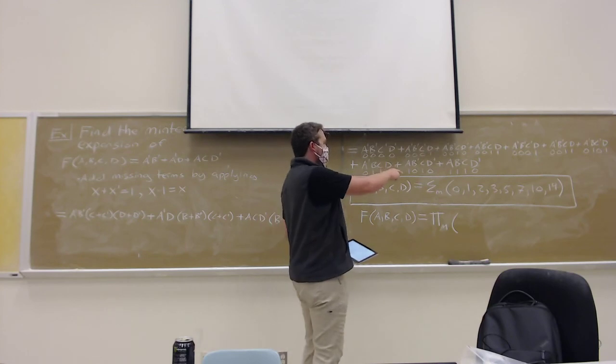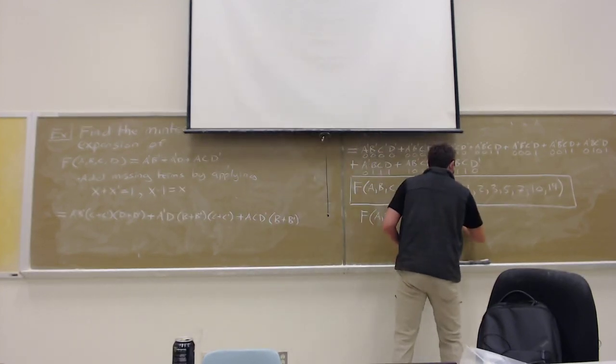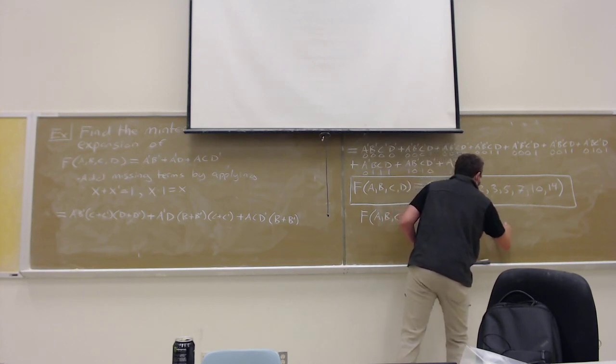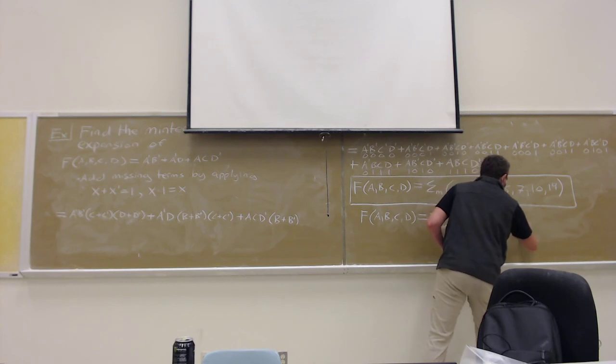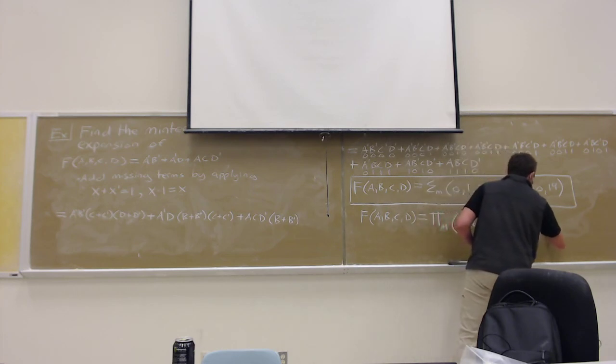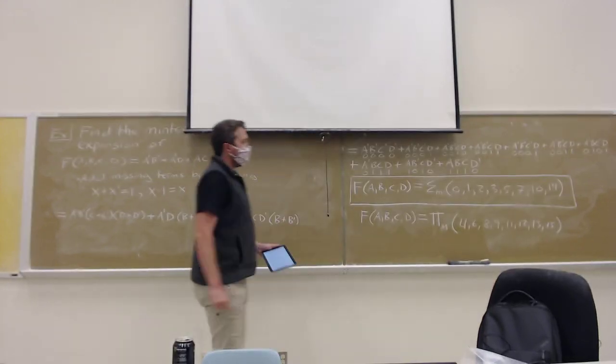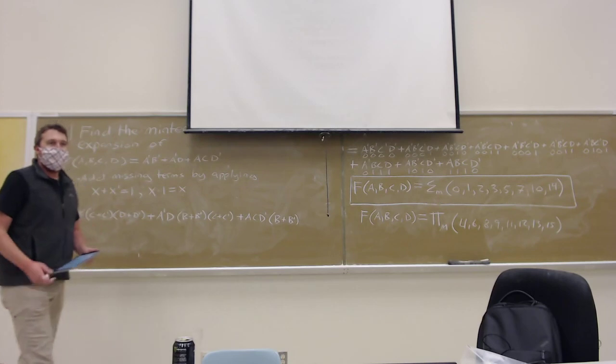We just look at our minterms and say what's missing. So 0, 1, 2, 3, 4, 6, 8, 9, 11, 12, 13, and 15, right? Those would be the places in the truth table where f is equal to 0.